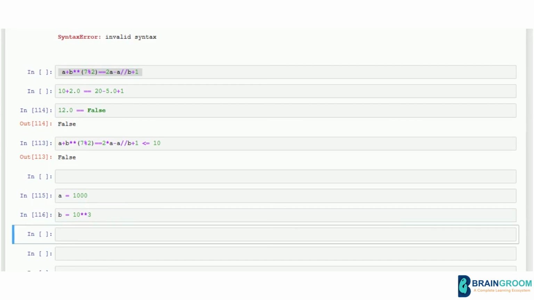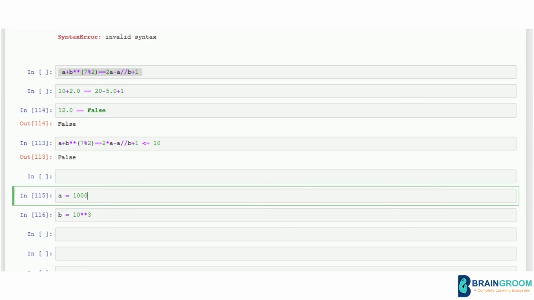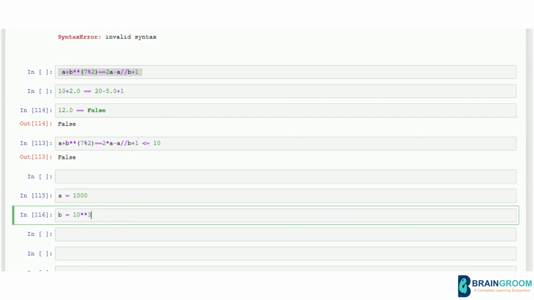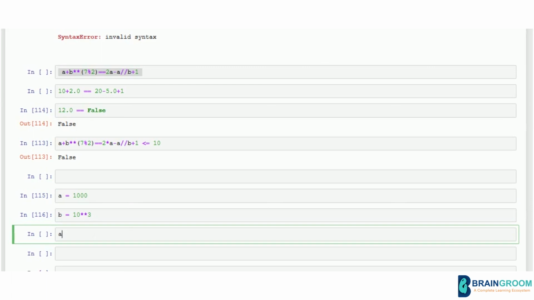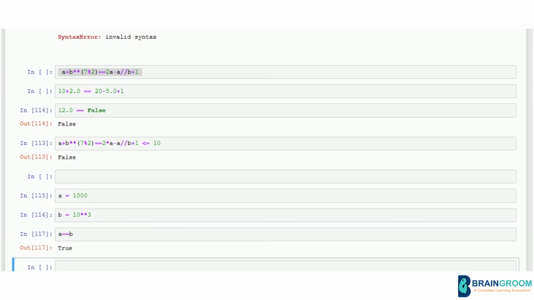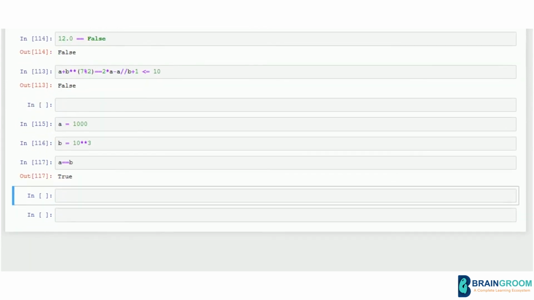So we have two variables a and b. The value of a is 1000 and the value of b is 10 power 3, which is nothing but 1000. So if I check for a equal to b, it checks if the values of a and b are equal. They are equal because both of them equate to 1000.